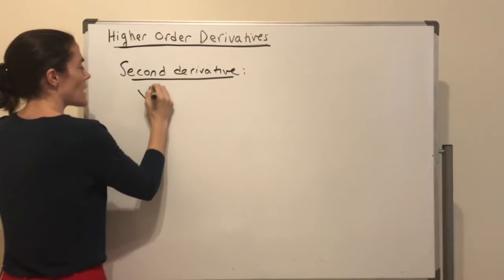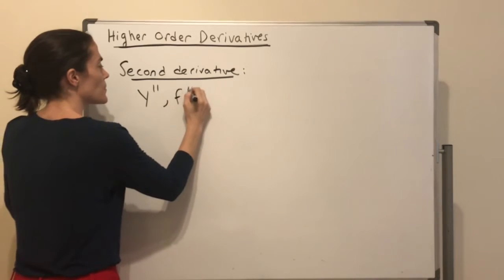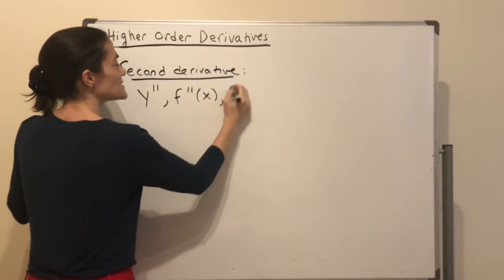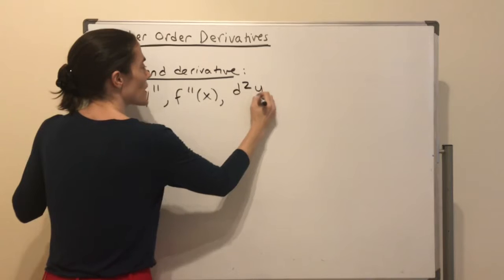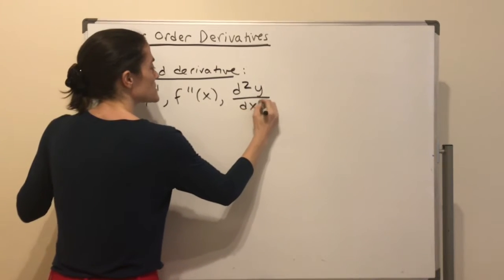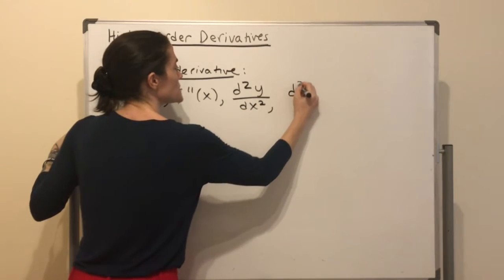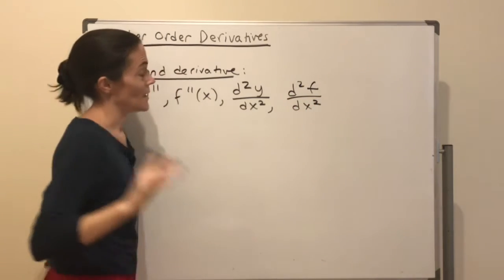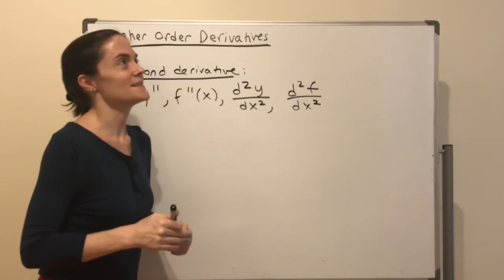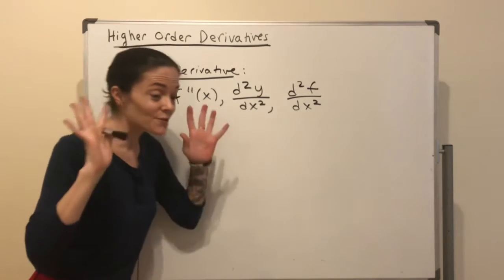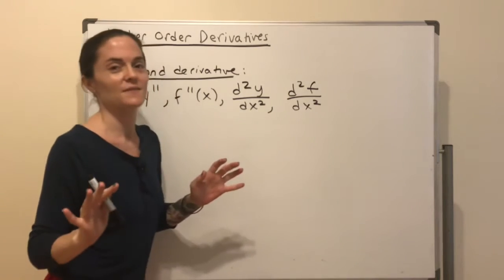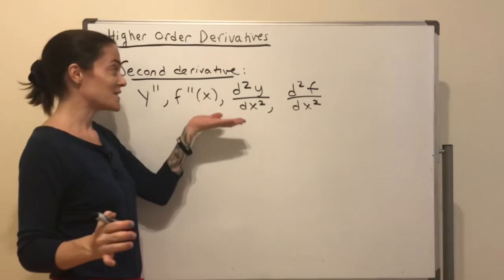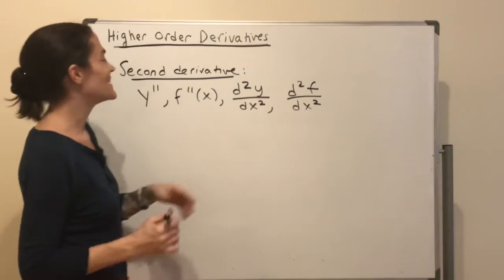You may see y double prime, f double prime of x, and then d squared y over dx squared, or d squared f over dx squared. What this means is you just differentiate the first derivative of a function and you get the second derivative, okay?